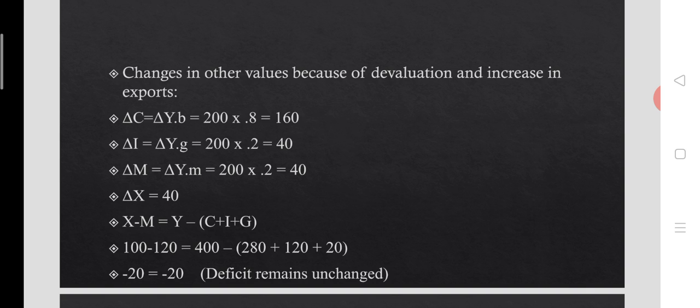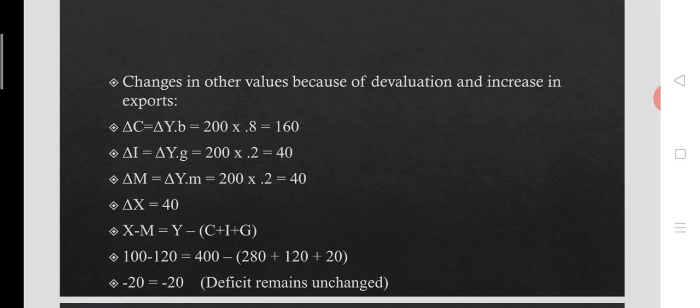Original income itself is 200, so total income will be 400. Into 0.8, the marginal propensity to consume, 200 into 0.8 is 160. So consumption increased by 160 after the increase in income due to increase in export.